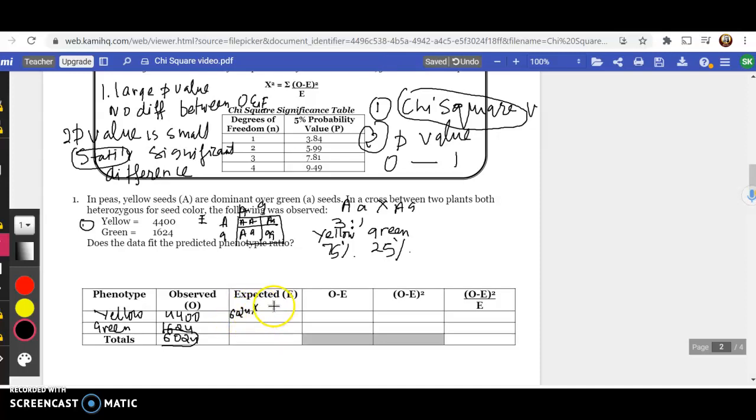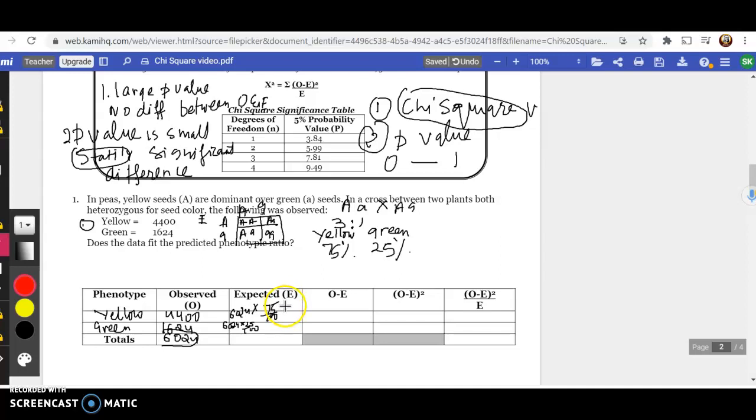6024 times 75%, and likewise we're going to calculate the 25% of the green, which is going to be 6024 times 25%. Let me use another color.